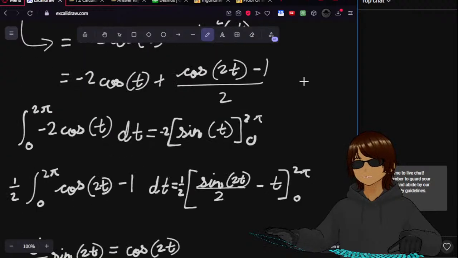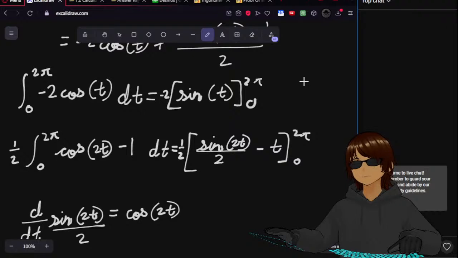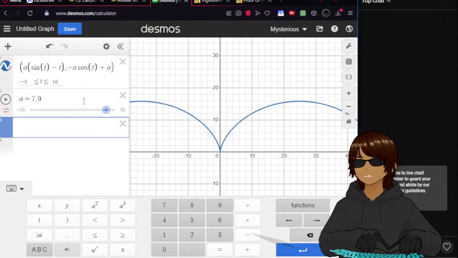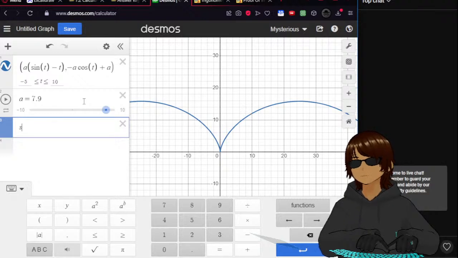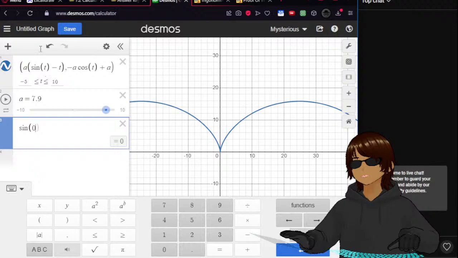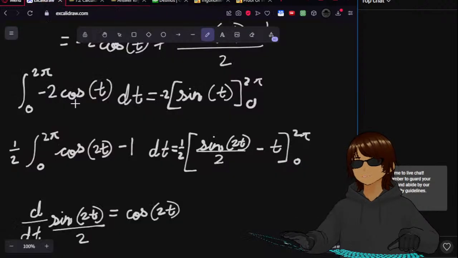And then I have to just substitute in the values. Sine 0 is 1, right? And then sine 2 pi is also 1. Yeah, it's the same. No, sine 0 is not 1, sine 0 is 0. So is sine 2 pi. So this gets removed over here as well.